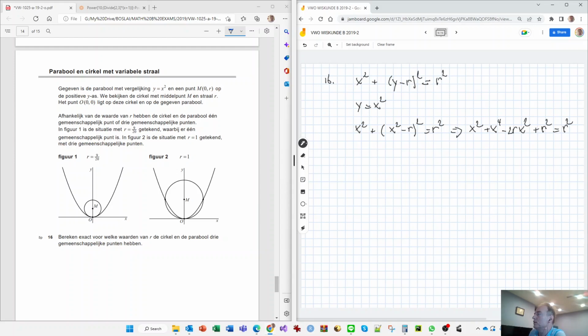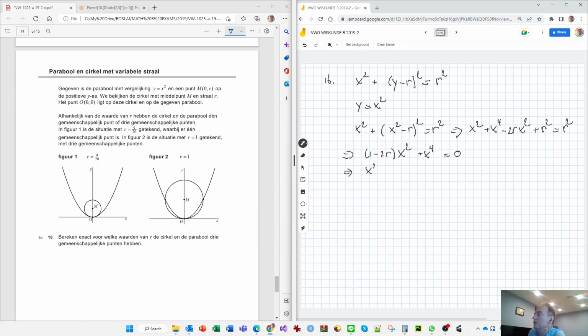Is this all correct? This looks good. So I get 1 minus 2r x squared, x to the power 4 is 0.